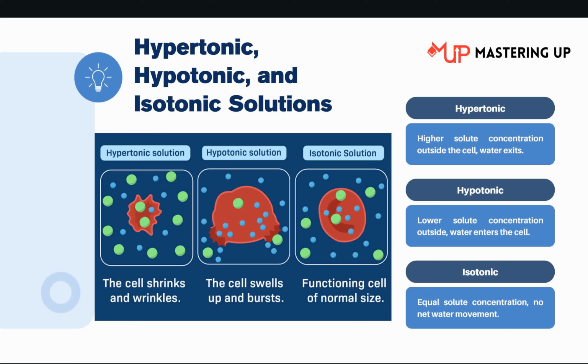Here is an illustration where you can see the hypertonic solution where the cell shrinks, while in the hypotonic solution you can see the cell swelling up, and then in the isotonic solution you can see the normal size of the cell where the normal functioning of the cell occurs.